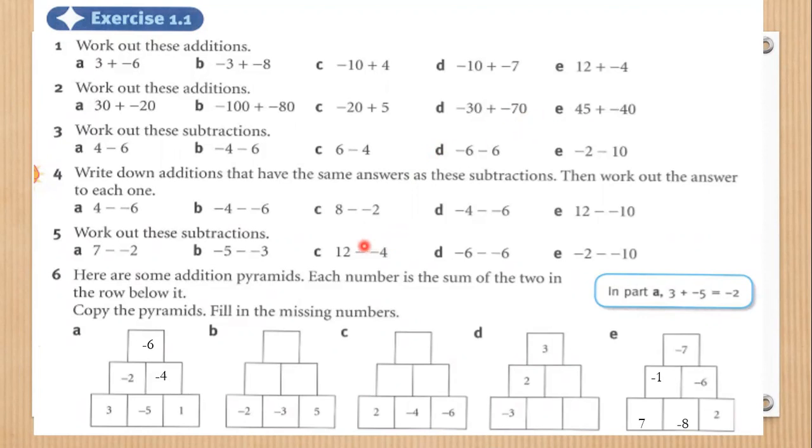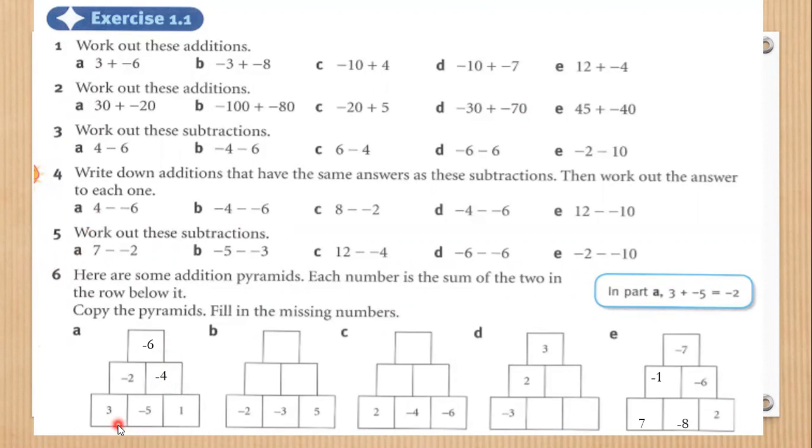Okay, let's talk about question number 5, one part of this question. Here is minus and minus, that is plus. 12 plus 4 is equal to 16. As it is the same, you can solve all the parts of this question. Now let's talk about question number 6. How will we solve question number 6?